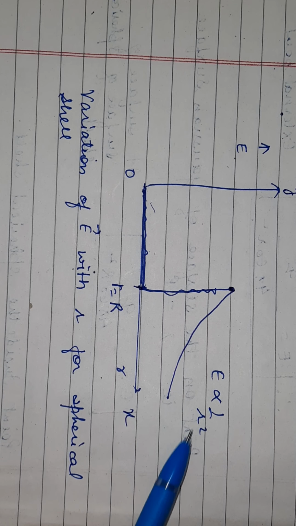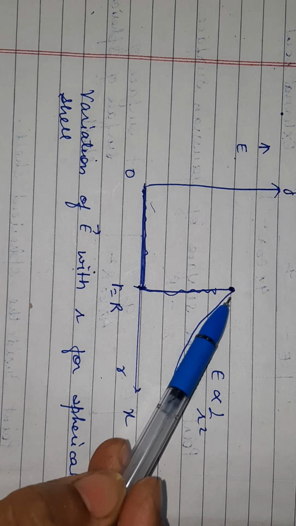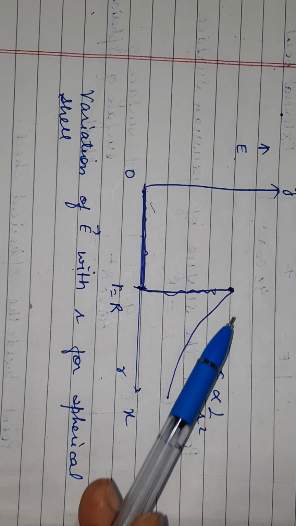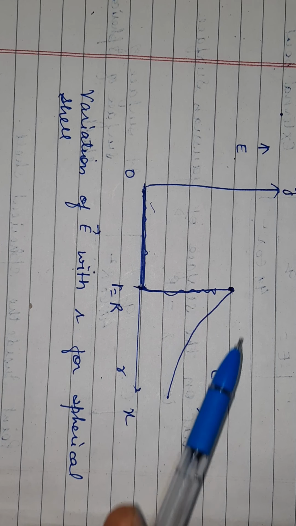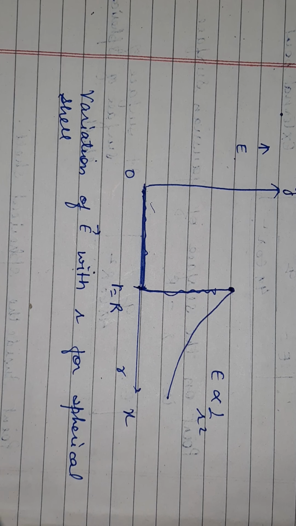It is inversely proportional to the square of the distance. So this is the curve showing the variation of E with r for a spherical shell.